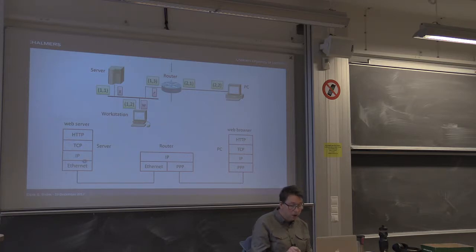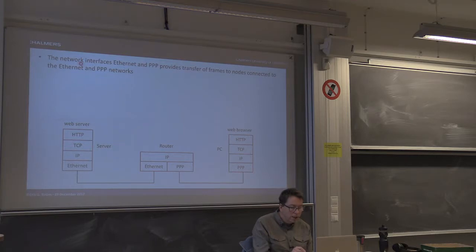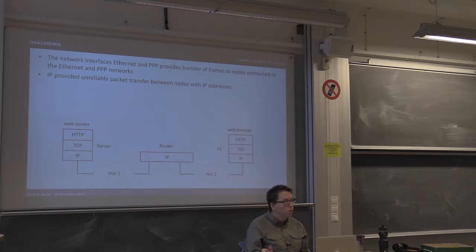But once that's abstracted, the IP layer can look at this as just a way of transmitting packets. Okay. So network interfaces, Ethernet and PPP, provide transfer of frames to nodes connected to these networks.